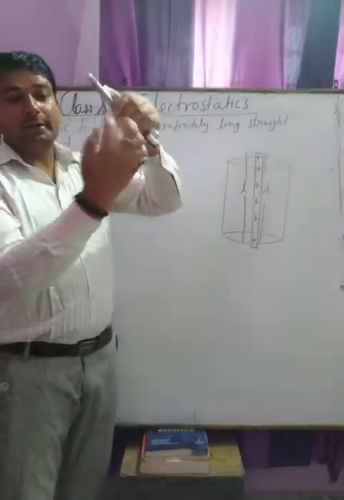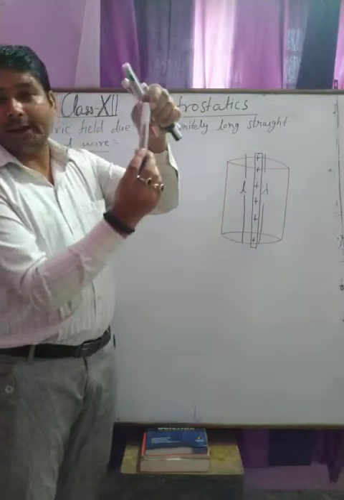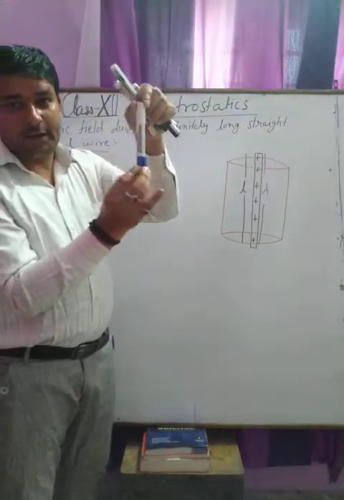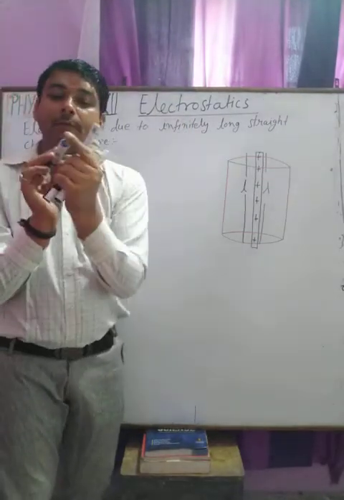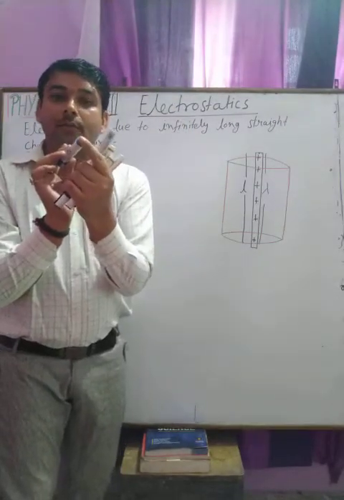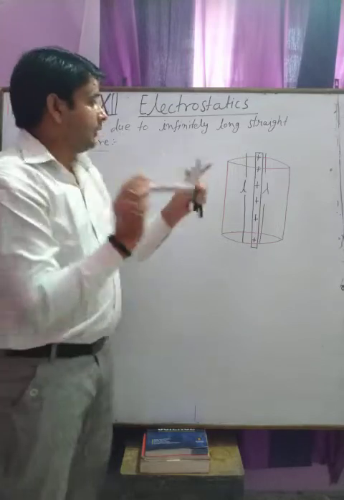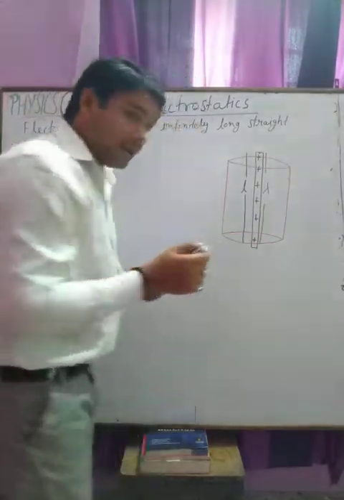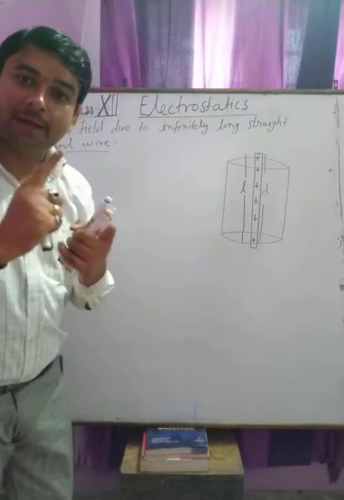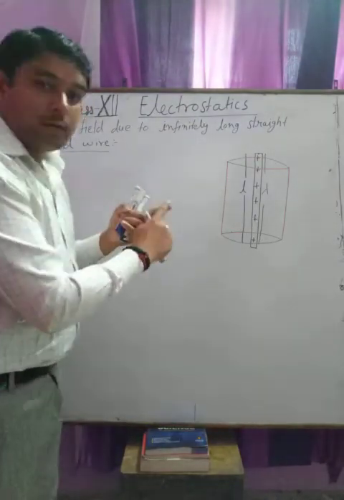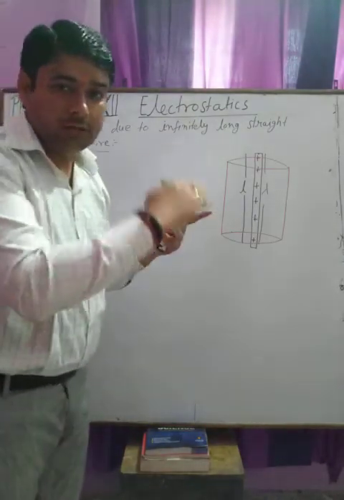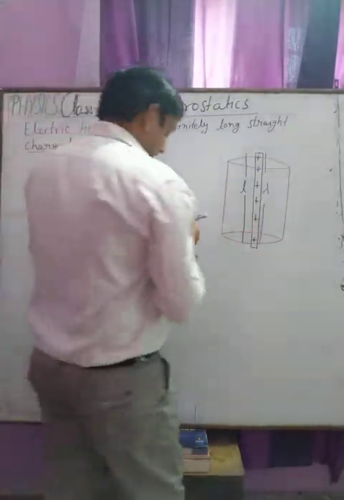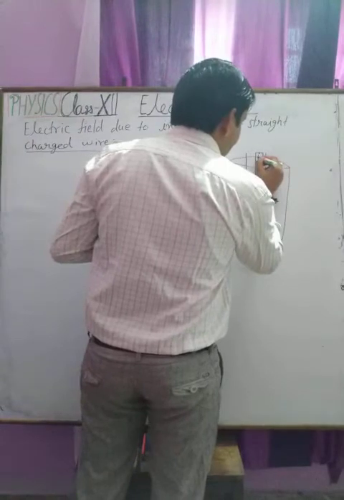Student, it is considered as a cylinder. You all find the length as a curved surface and the top and bottom of the cylinder as flat surfaces. Okay, so we are specifying the angle for the curved surface and the flat surfaces.